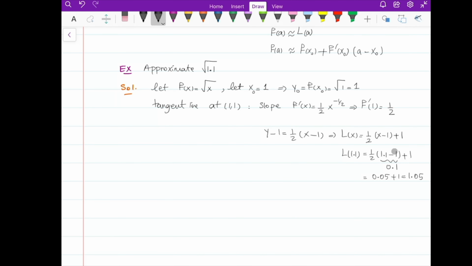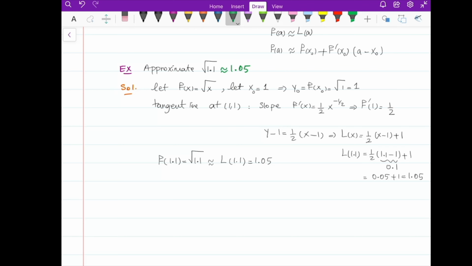And that's why, since 1.1 is very close to 1, I'm going to say that the value of the function at 1.1, which is basically square root of 1.1, is approximately the linear approximation, or basically the tangent line at the point 1.1, which is 1.05. So this is approximately 1.05.